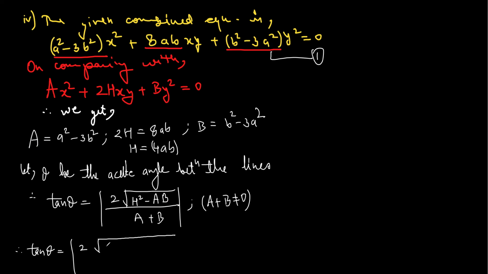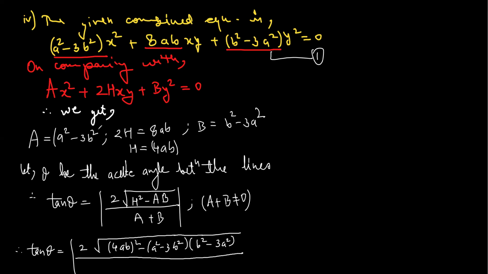H square is 4ab square, minus AB, A into B, that is a square minus 3b square, B, what is B? b square minus 3a square, upon A plus B, a square minus 3b square plus b square minus 3a square.